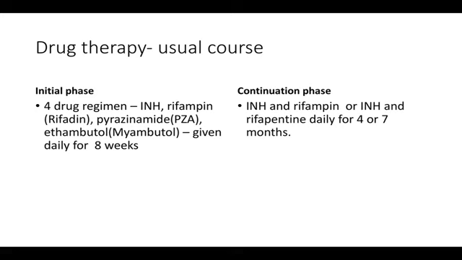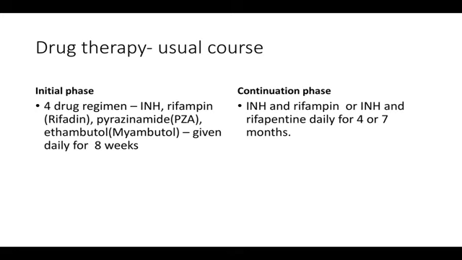Usual course of treatment. Usually, initially a 4-drug regimen, INH, rifampin, PZA, and ethambutol, given daily for about 8 weeks. Then they go into the continuation phase, where they'll continue 2 drugs, usually, for 4 to 7 months on a daily basis. Education is crucial.